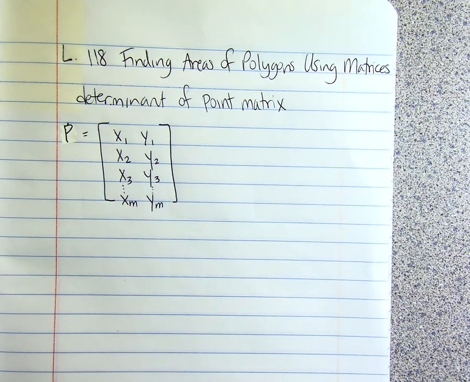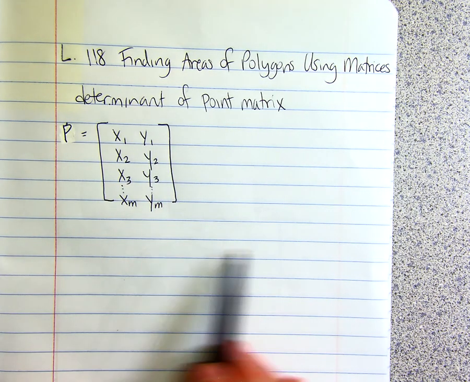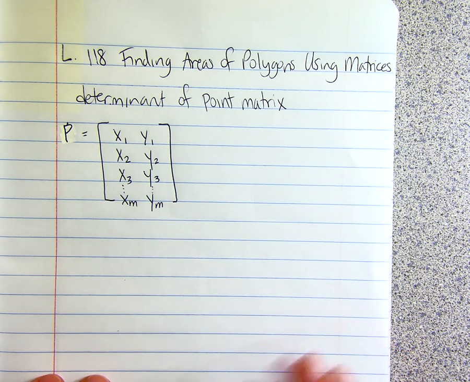You can always make it a square matrix by adding a column of ones. That's a little bit of extra work that you don't have to do if you just use this other way.